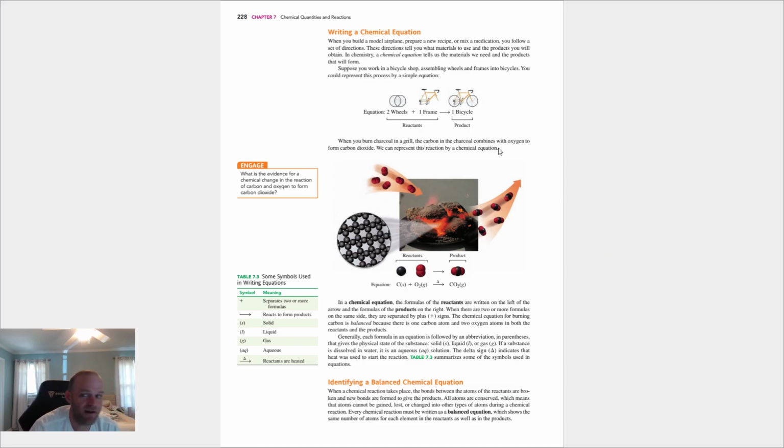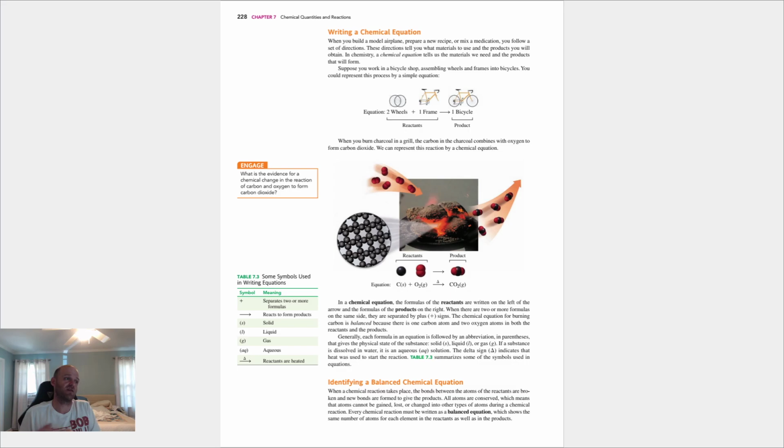Okay, so we talked about chemical reactions. Now we're going to start writing chemical equations. Chemical equations are the way we express what's going on in nature. You'll see here it's talking about two wheels plus a frame equals a bike. That's just showing you the reactant side of an equation versus the product side.